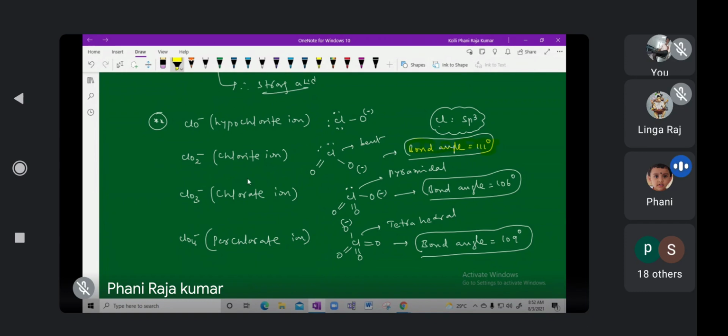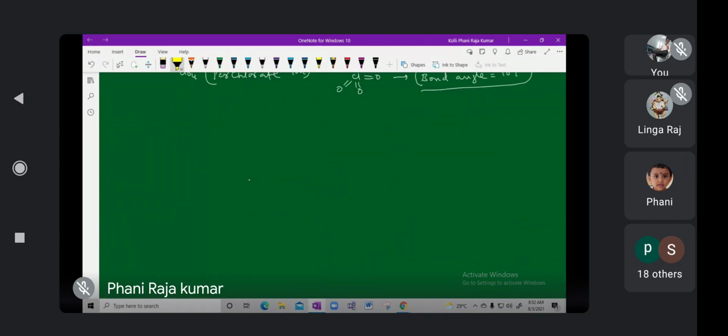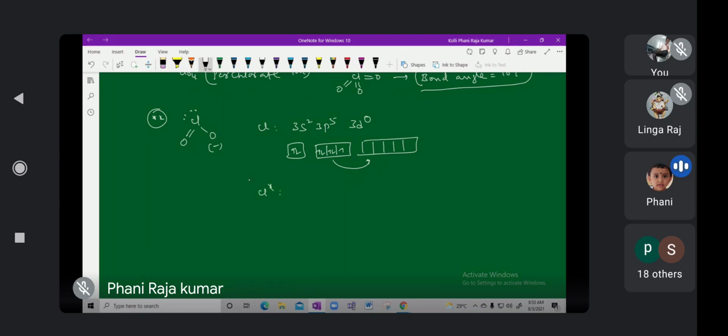And one more point I am explaining here. ClO2 minus, chlorine: 3s2 3p5 3d0, but we need 3 bonds, no? So excitation, it is first excited state.